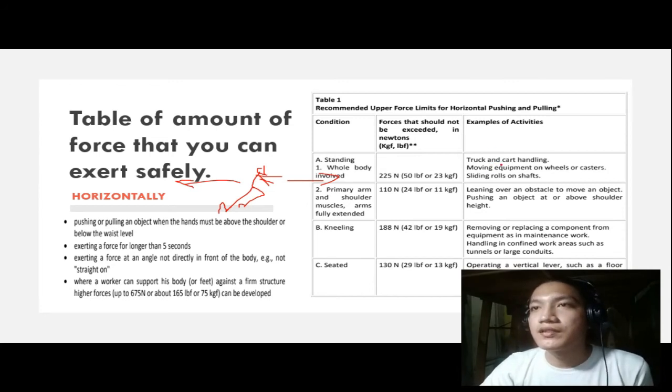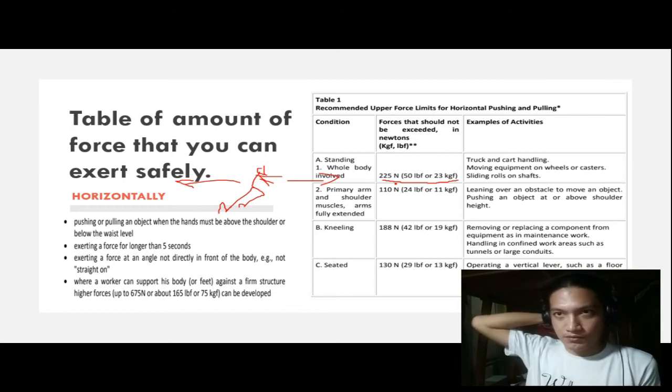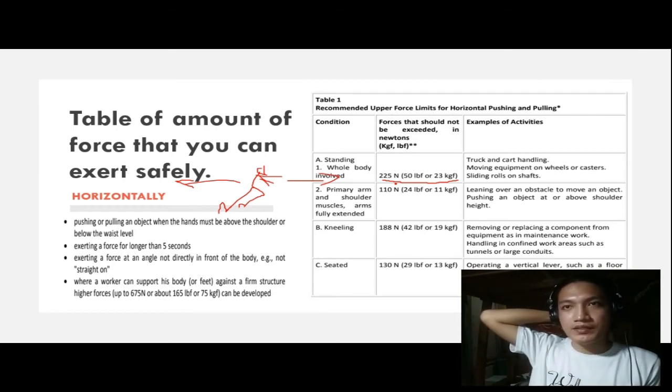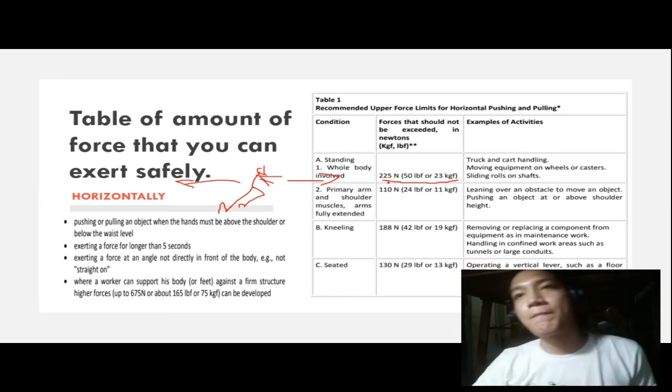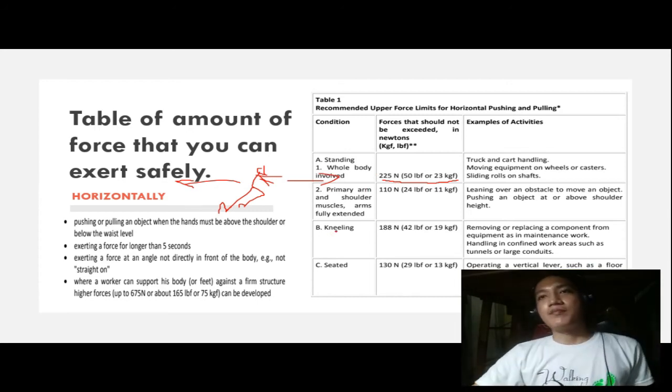Halimbawa, yung truck and cart handling, nagtutulak ka ng cart, moving equipment, wheels or casters, sliding rolls or shafts. Sabi dito, sa table niya na dapat hindi ka mag-exceed sa 225 newtons. Hindi ko alam kung paano malalaman kung nag-exceed ka na sa 225 newtons. May ginagamit ba sila?